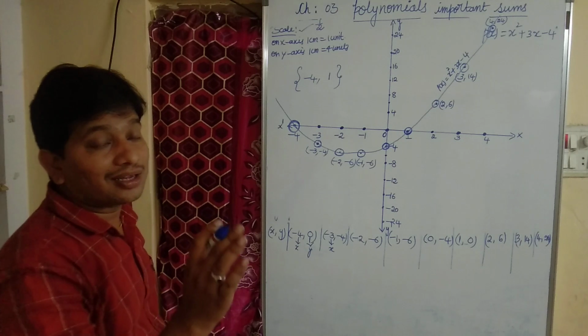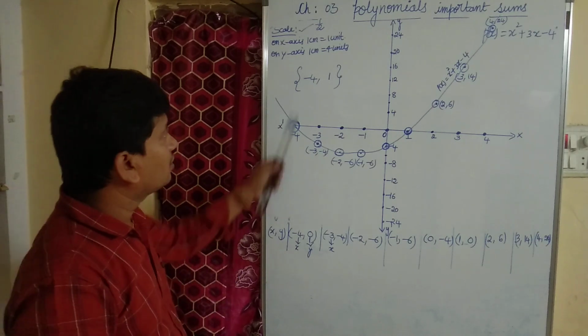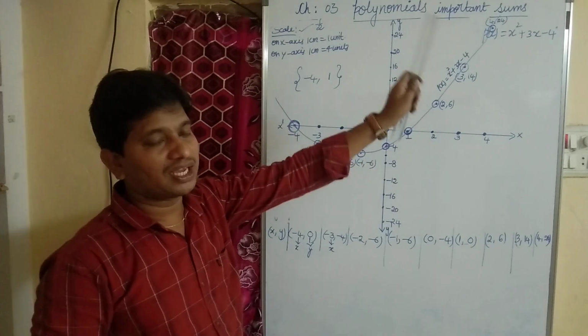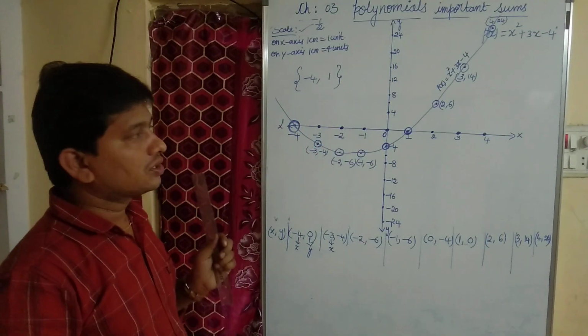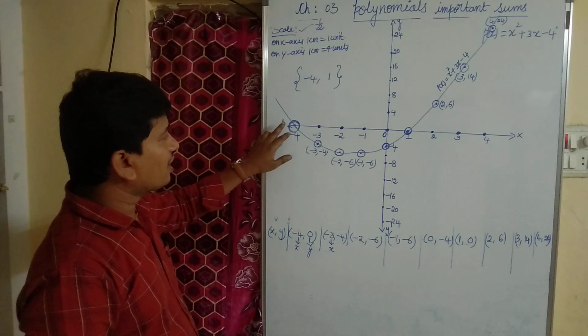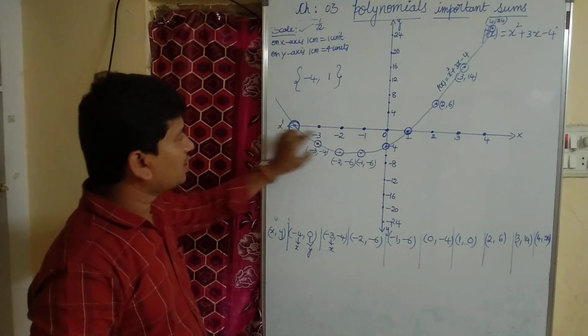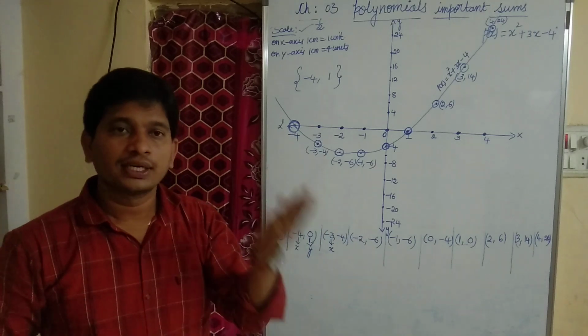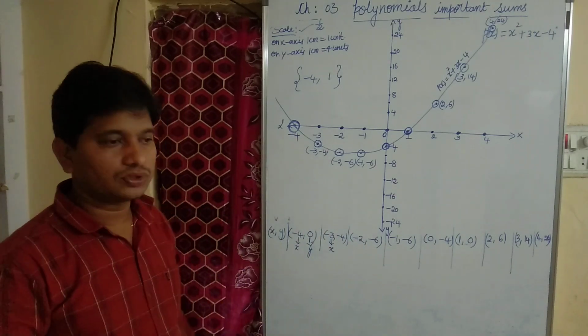Right? They are the zeros of the polynomial p of x equals x square plus 3x minus 4. The given graph intersects the x-axis at these 2 points, they are the solutions, or we can also call them zeros of the polynomial.